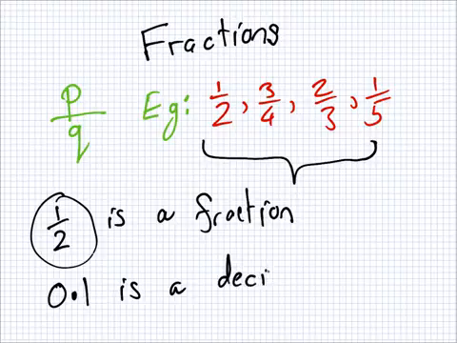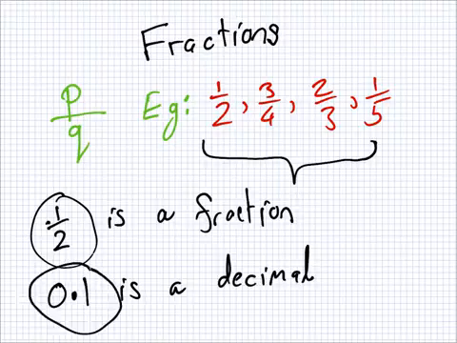That's called a decimal. So this is a fraction and this is a decimal. Have you heard this word before, or is this a new word? New word, both? Maybe you heard fraction before. I'm sure I did.